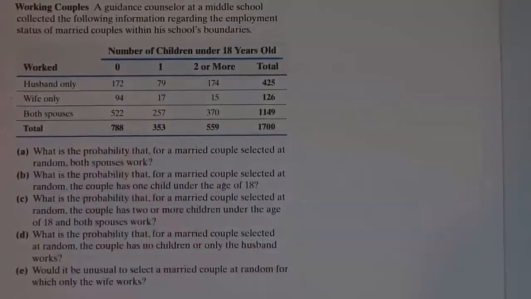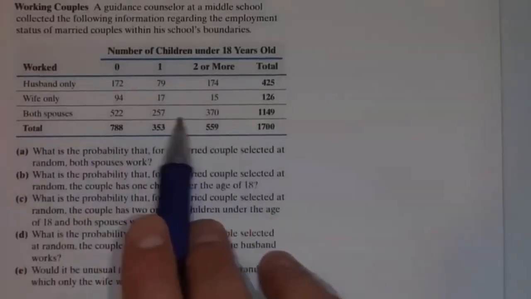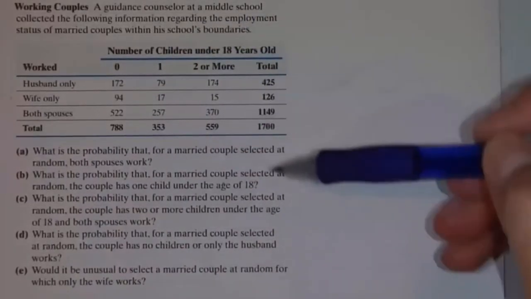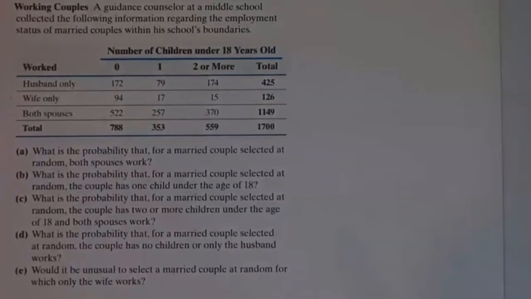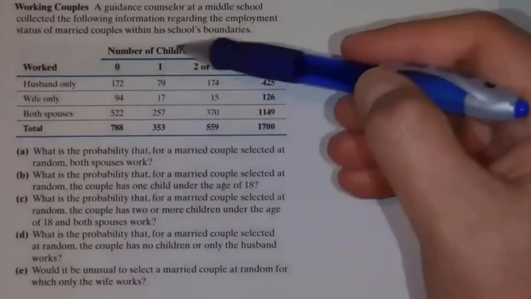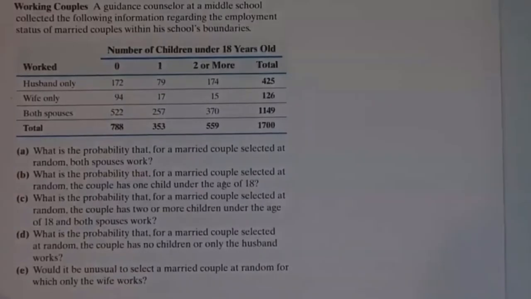Everyone has at least either the husband or the wife working or both. So again, that's the row variable. That's the information in the rows. In the columns, we have another variable. We have information about how many children under the age of 18 that this married couple has. So we have 0 children, 1 child, 2 or more children. Okay, and then of course we have the totals as well.